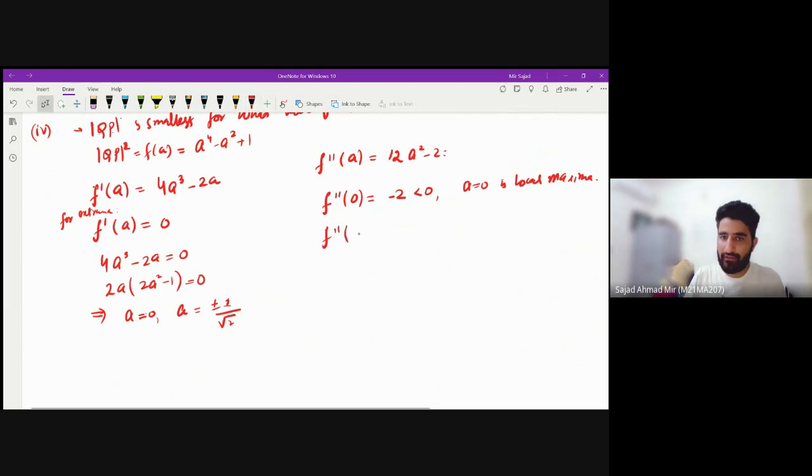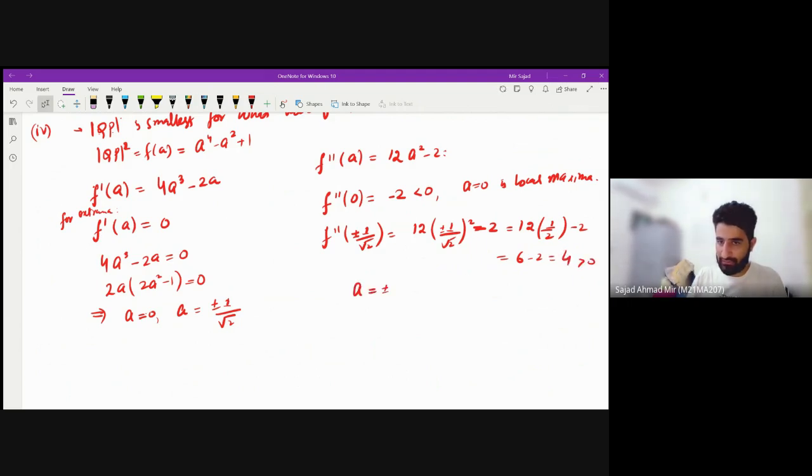The double derivative at a equal to square root of 1 by 2 is 12 into 1 by 2 minus 2, 6 minus 2 is equal to 4, which is positive.